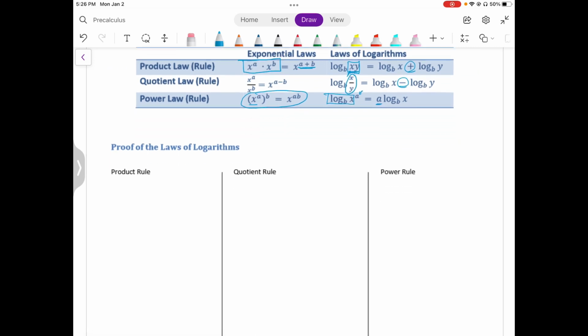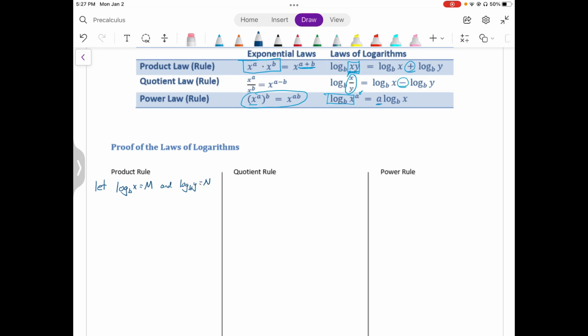To start these proofs, we're going to let log base b of x equal m and log base b of y equal n.